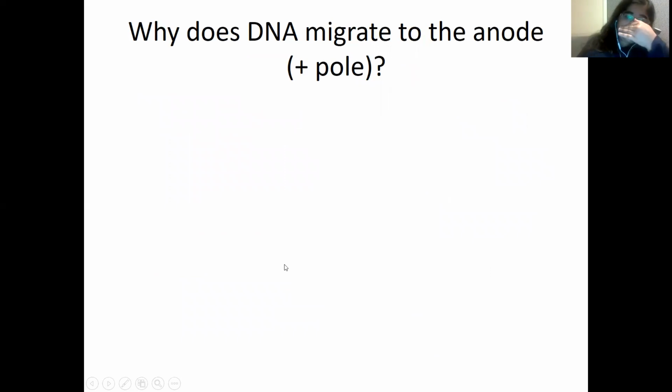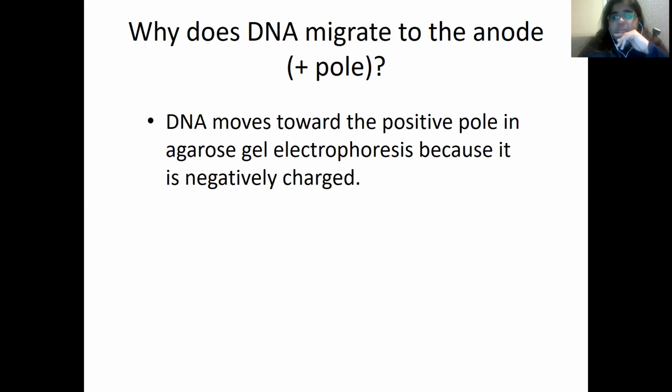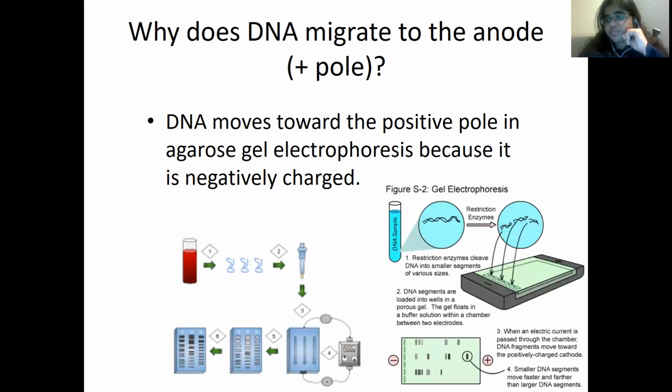Why does DNA migrate to the anode or the positive pole? DNA moves towards the positive pole in agarose gel electrophoresis because it is negatively charged.